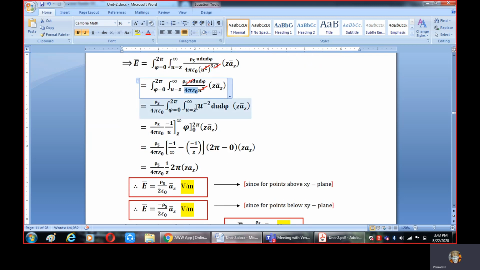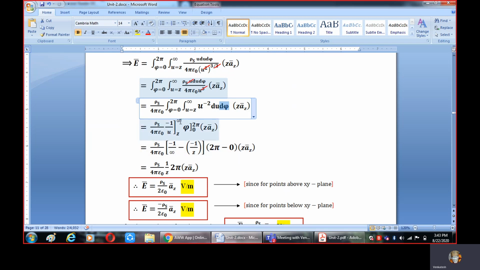If we apply integration to u power minus 2 du, it becomes minus 1 by u, with upper limit infinity and lower limit z. If we apply integration to d phi, the integral gets cancelled and it becomes phi, with upper limit 2 pi and lower limit 0, z a z bar, and rho s by 4 pi epsilon naught.